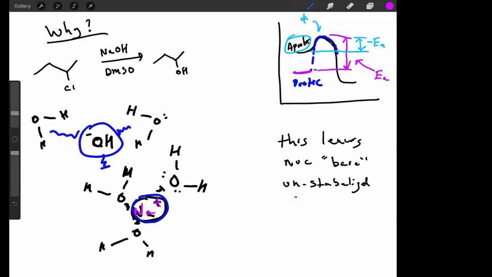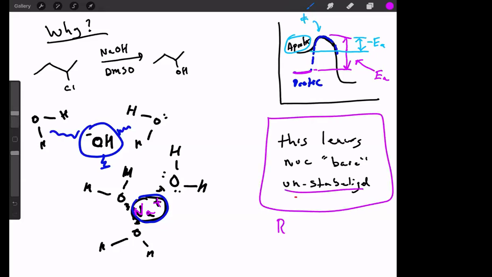And so this is sort of a new thought. Does instability lead to something that we consider to be favorable in a reaction? And yeah, it turns out it does. Instability with an aprotic solvent leaves the nucleophile bare and unstabilized. It's ready to react.